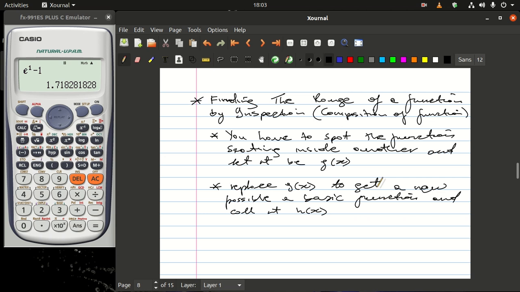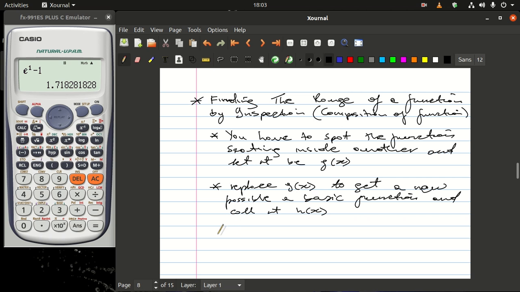So we look for the function that is sitting inside another function, and then we replace that function by x, and we call the new function h of x. So we end up having two functions here, g of x and h of x.